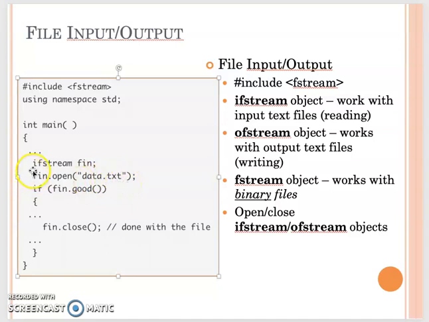So then we create the ifstream object called fin. After you create this object, you need to let it know which text file you want. So then we open the data.txt file. Then we check if this file is good and fine. After we finish, we need to close that.